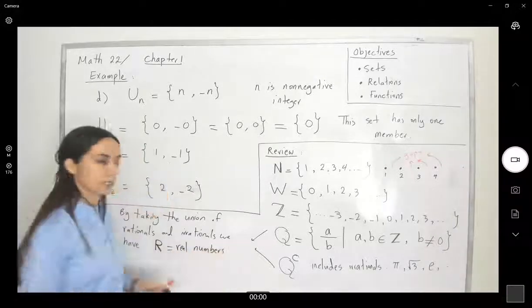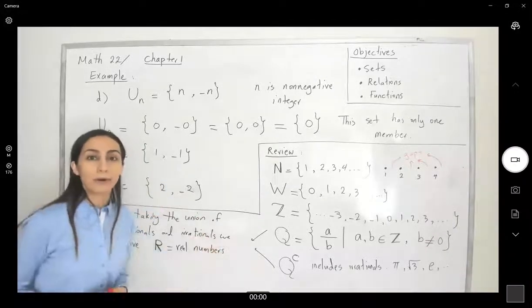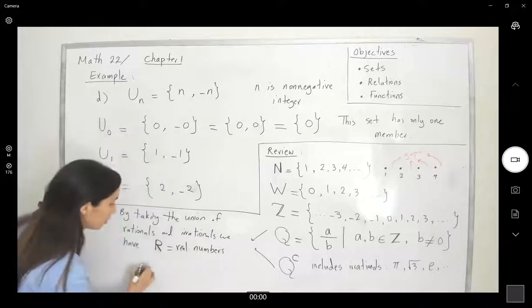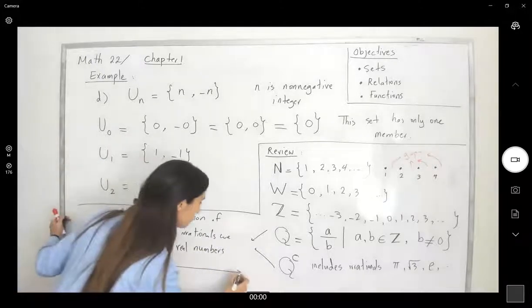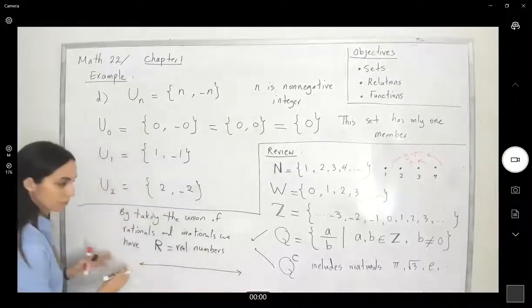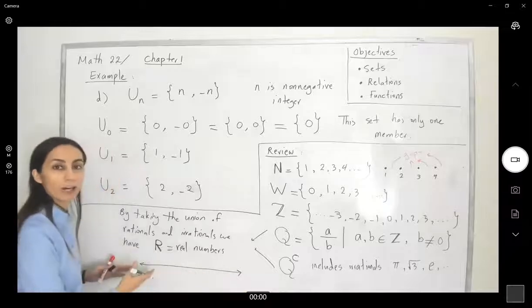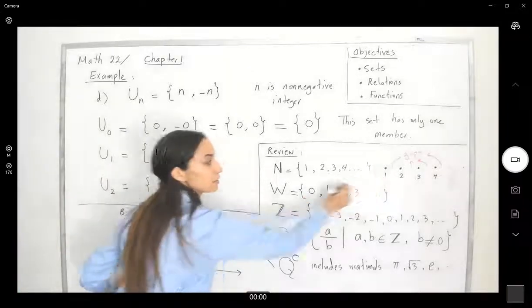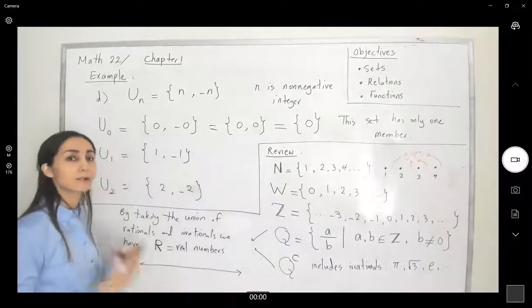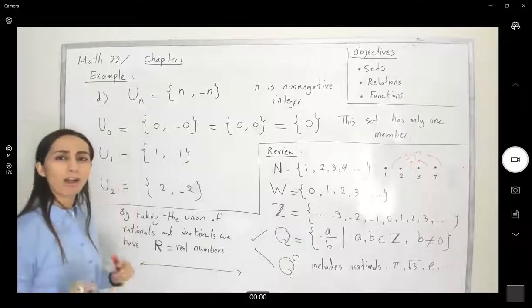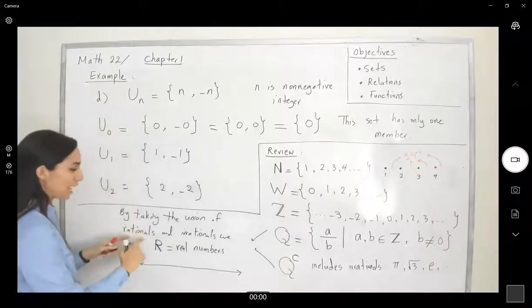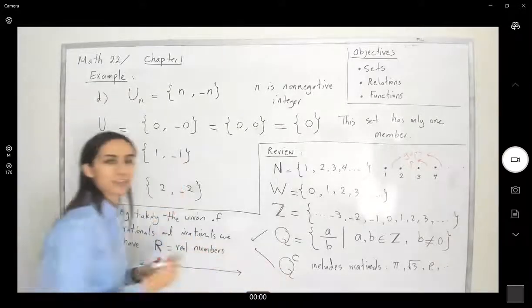So if somebody says, graph the real number system, you're going to use a connected line. It's not like this line with gaps in it. There is no gap. You filled all of those gaps using rationals and irrationals.